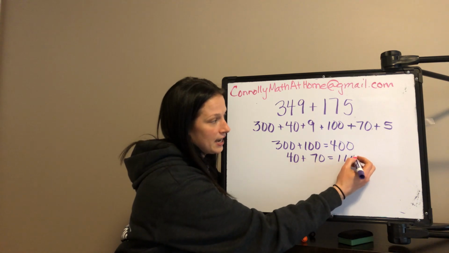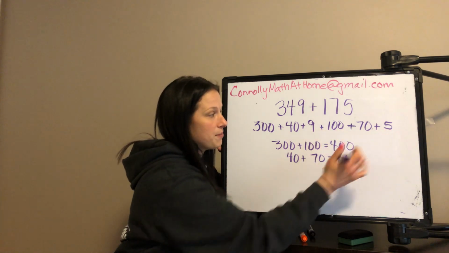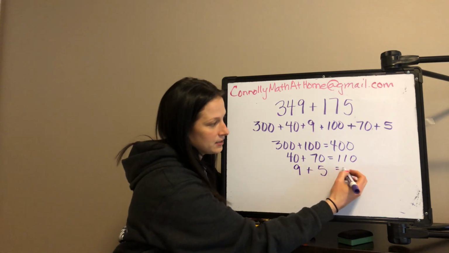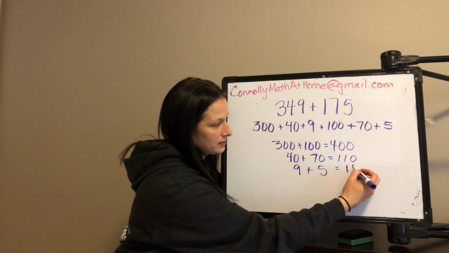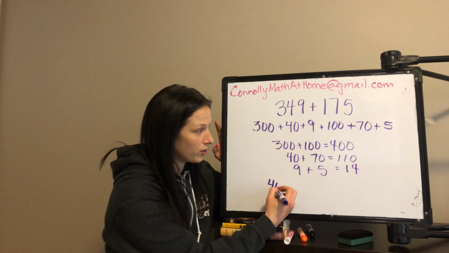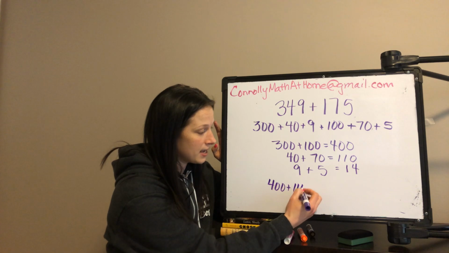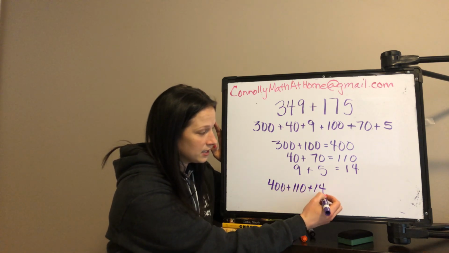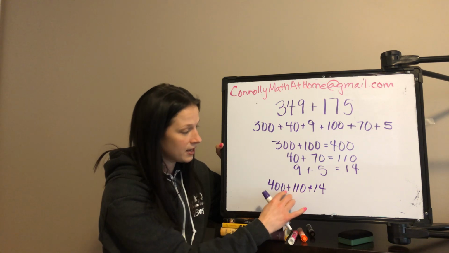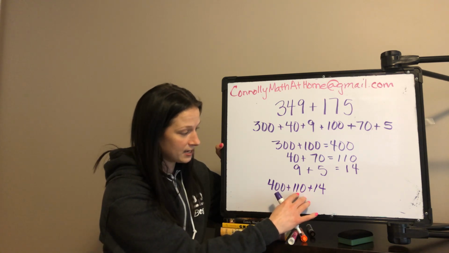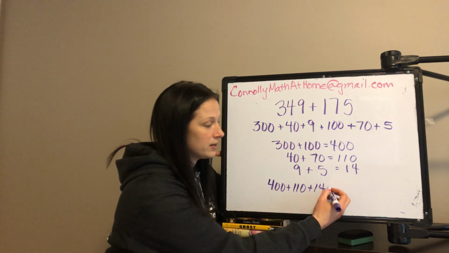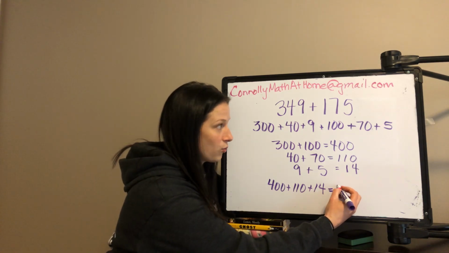So I have 110. And then finally we will combine the numbers in the ones place to get 14. So from there, the students will add 400 plus 110 plus 14. And we see 400 plus 100, which is 500, plus 10 more is 510, plus 10 more is 520, plus 4 more is 524.